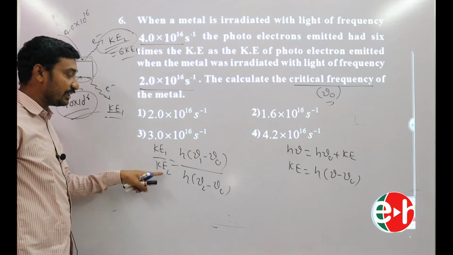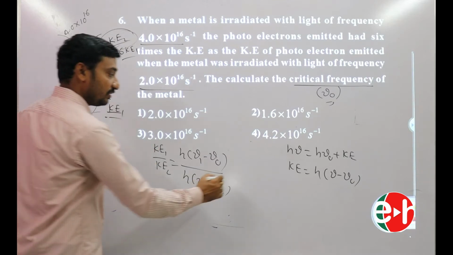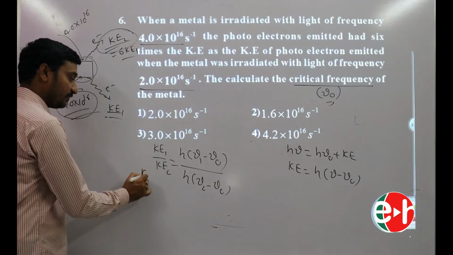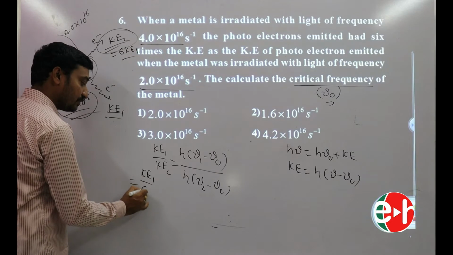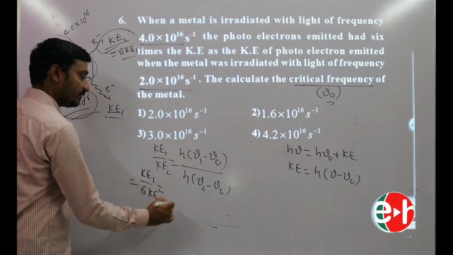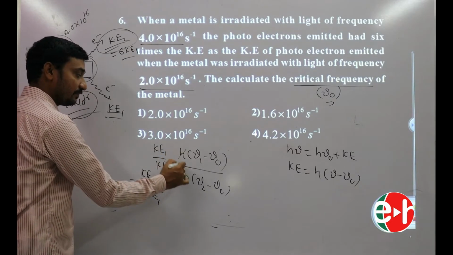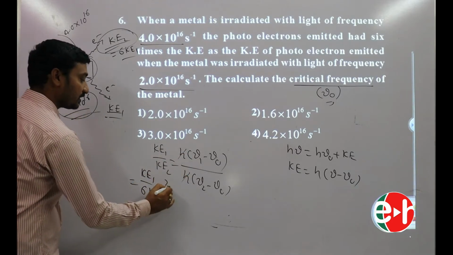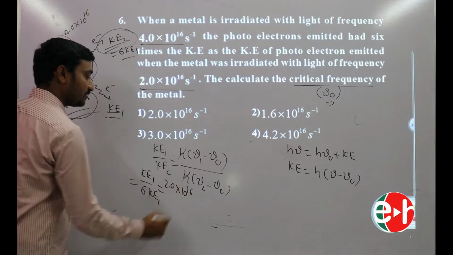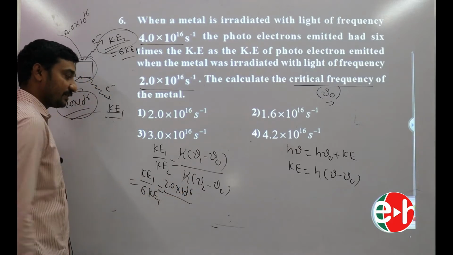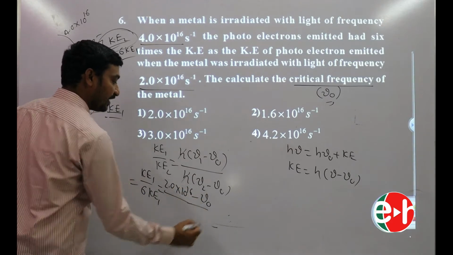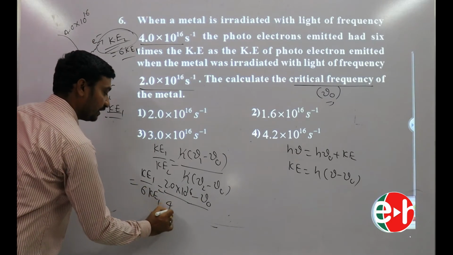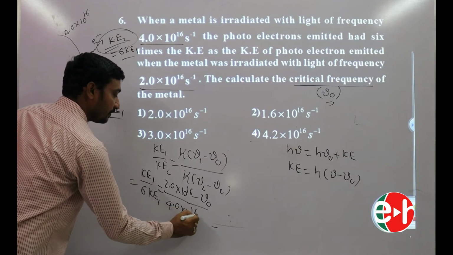So Ke1 by Ke2, that is Ke1 by 6 Ke1, is equal to h cancels, nu1 which is 2.0 × 10^16 minus nu naught, by nu2 which is 4.0 × 10^16 minus nu naught.